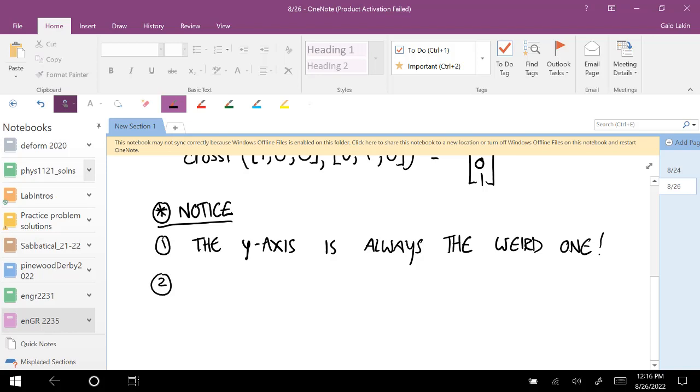Second, often this is called the vector product, because the output is a vector.